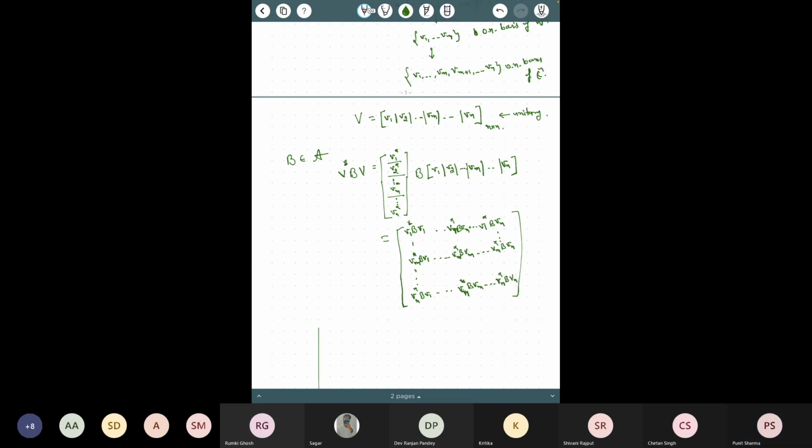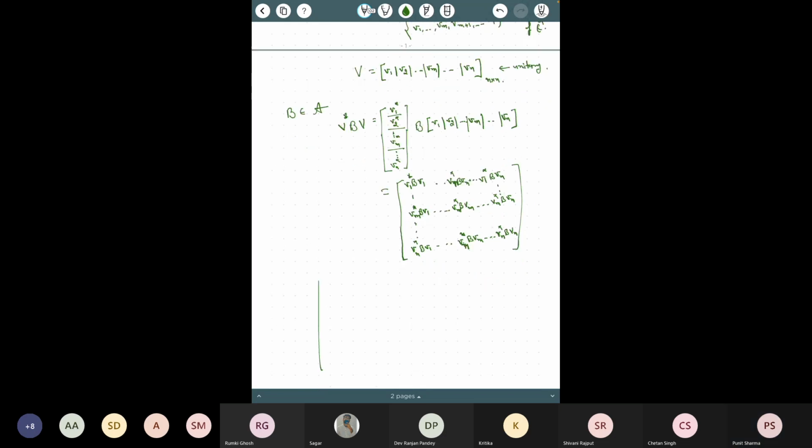Okay. Now, can you see that some of the entries in the right hand side of this matrix are 0? Can you tell me which entries of this matrix would be 0 and why they would be 0?